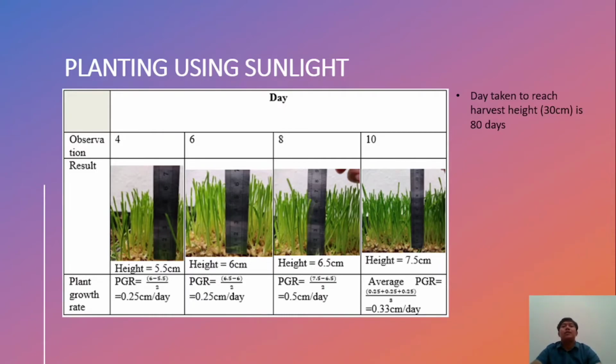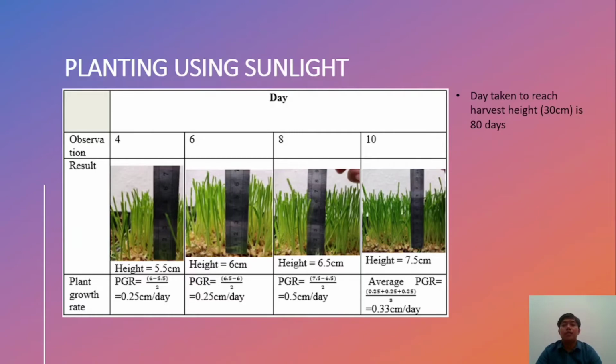So for the analysis, the first analysis I did is planting using sunlight. The height on the first day is 5.5 cm. I took measurements every 2 days.